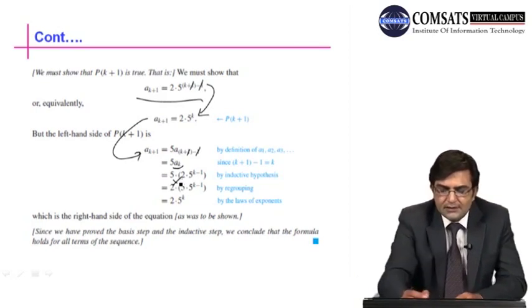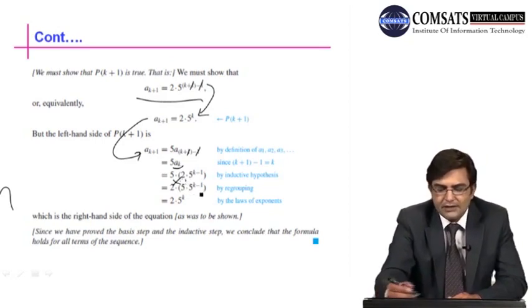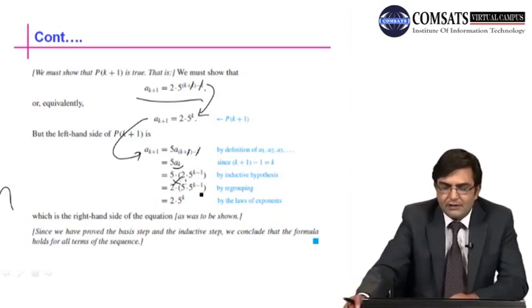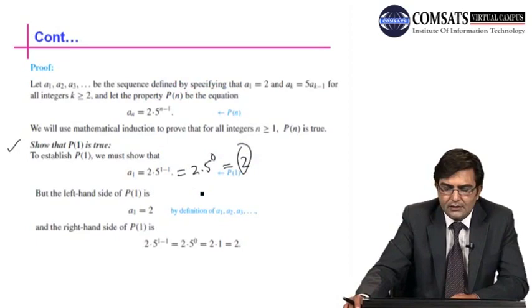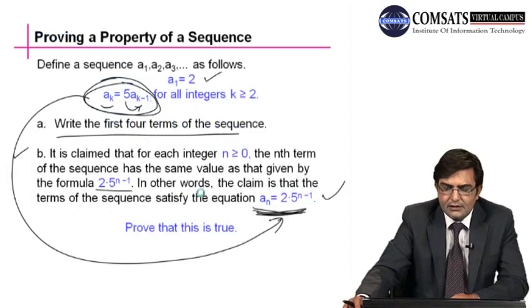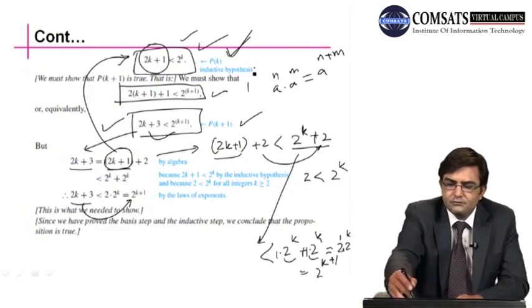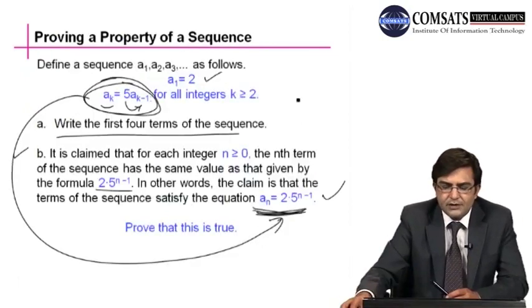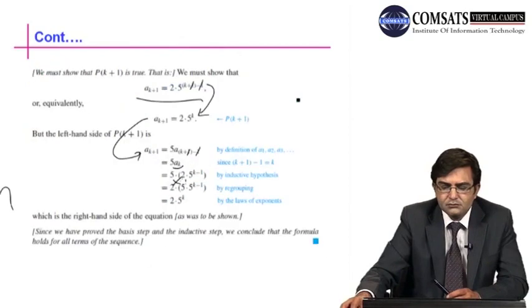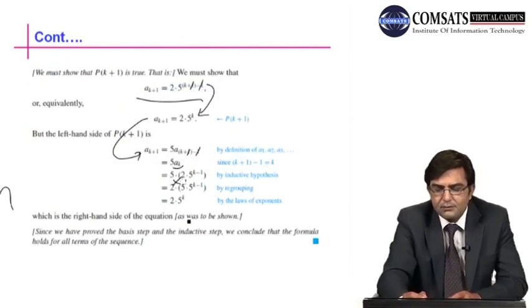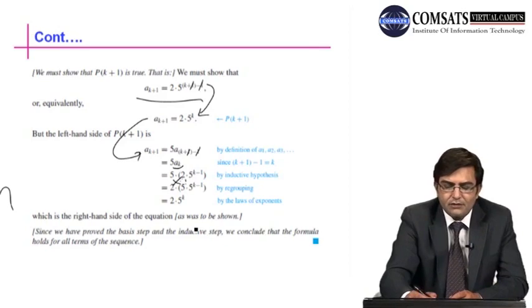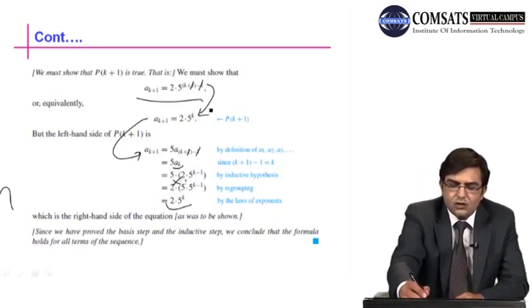So basically we have 5 power 1 here, and here we have 5 power k minus 1, and using that property which I have written in earlier slides, we can write here 5 power 1 plus k minus 1. 1 is cancelled out with 1. We get 2 into 5 power k, which was required.